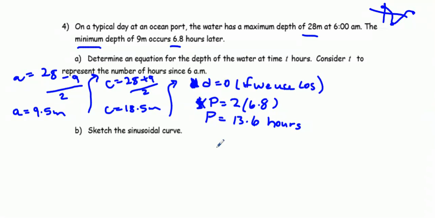Okay, and if we know our P, we know our k. So we're going to put in 2 pi over 13.6. And we want to keep this exact. So what we would do is leave this as 20 pi over 136. So what I did there was I just multiplied this by 10 over 10 to get rid of the decimal.